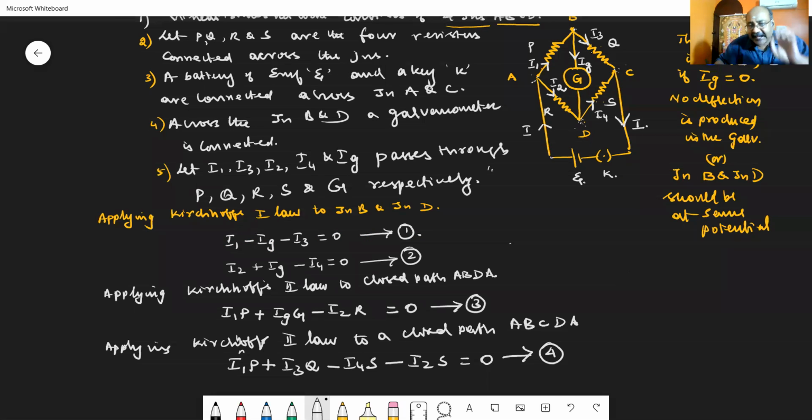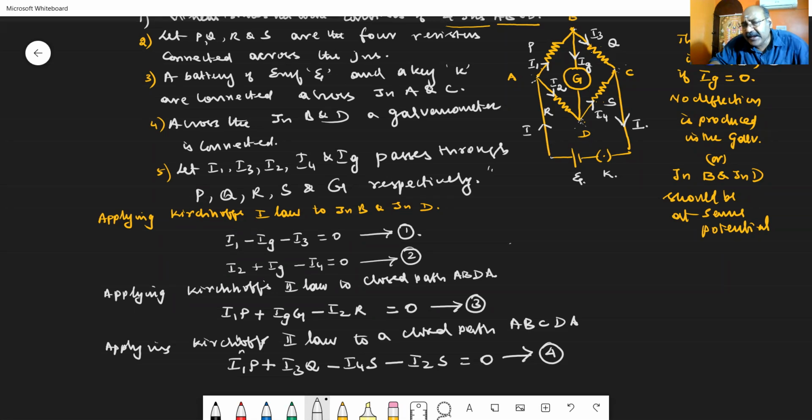Applying Kirchhoff's second law to the closed path A, B, C, D, A. Now, the current I1 passing through this AB. So the direction of the path and the direction of the current are same. So product of current and resistance I1 into P is positive.